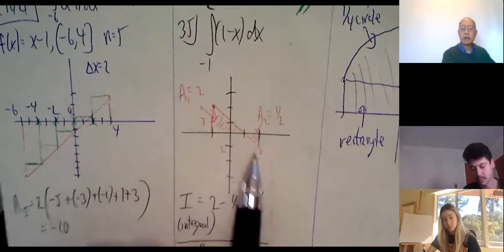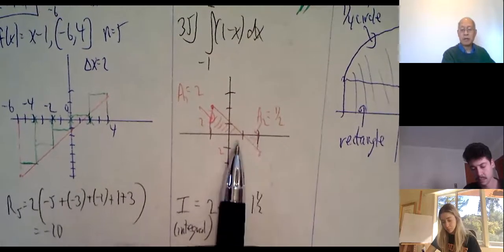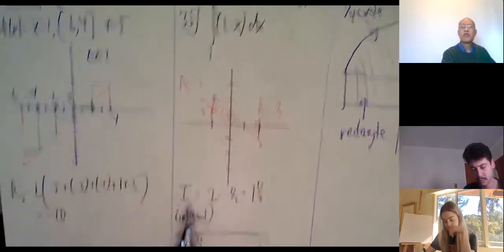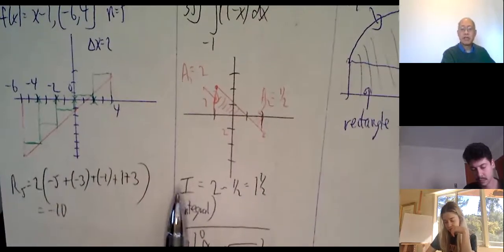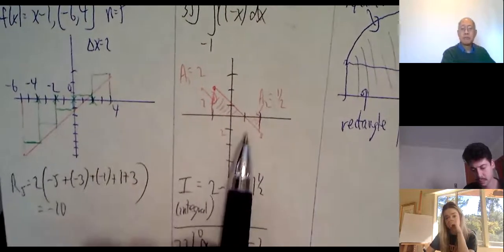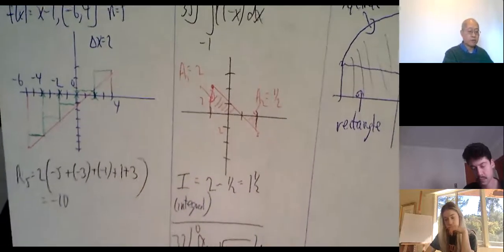Area 2, A2, that's 1/2. 1/2 of 1 by 1. So for the integral, my abbreviation for integral is I. Integral is +2 minus 1/2 because this is below the x-axis. So the final answer is 1.5.